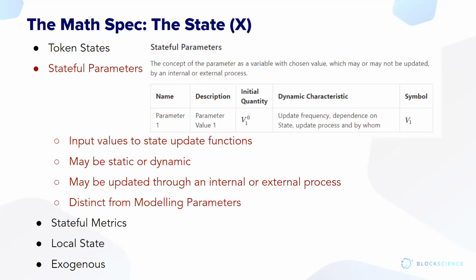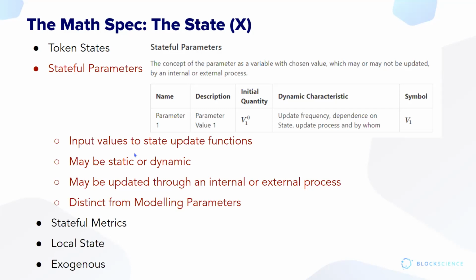Then we have these stateful parameters. These are typically values that are updated, or that can be updated. They don't have to be, and they are essentially part of the functionality of the set of algorithms that affect the token state, so they're often inputs into those functions.